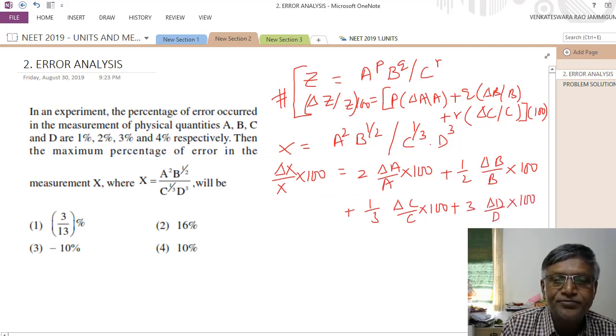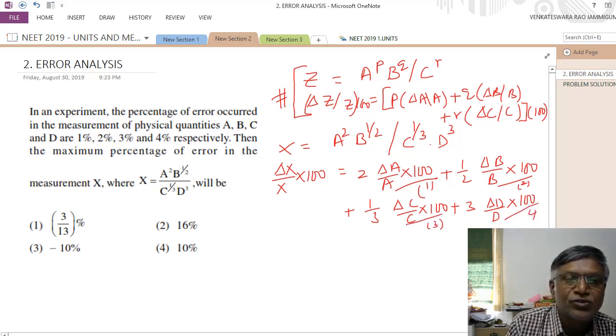See here, the percentage error is given. So the value of this is 1, the value of this is 2, the value of this is 3, the value of this is equal to 4. Just substitute the values and you will get the answer.